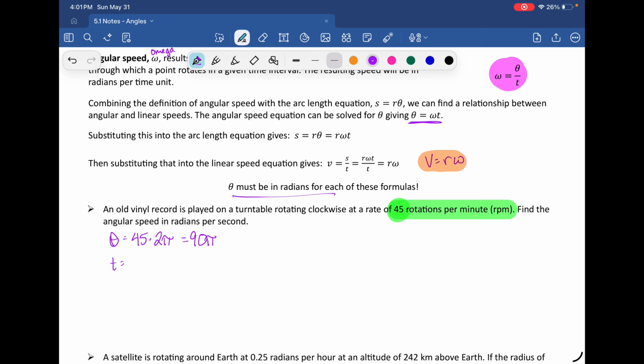In that 45 rotations per minute, I also see the time is a minute. I need it in seconds, so that's 60 seconds. So omega, angular speed, is theta over time, 90 pi over 60 seconds, so this is radians per second.